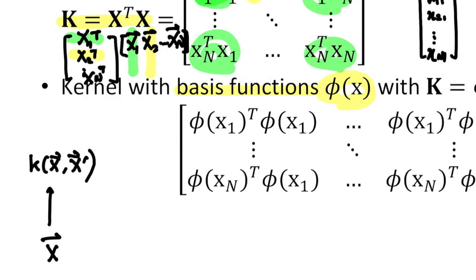Because in some cases we need higher dimensional features, something like x squared, or root x, x to the power of one half, something like this.